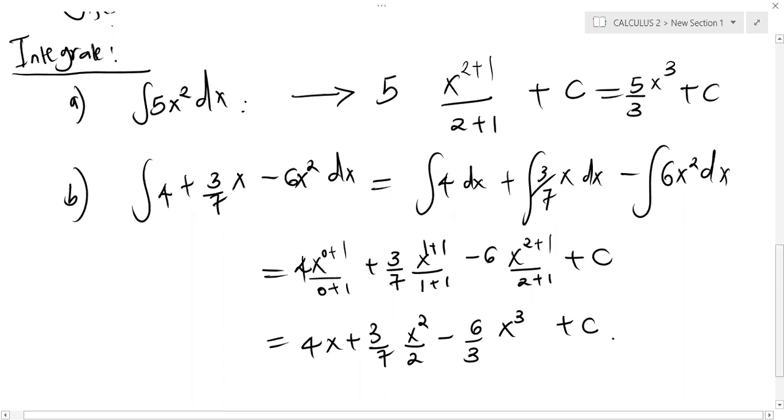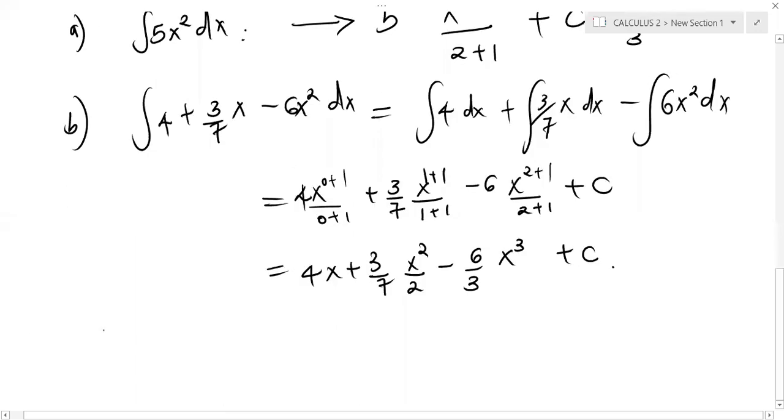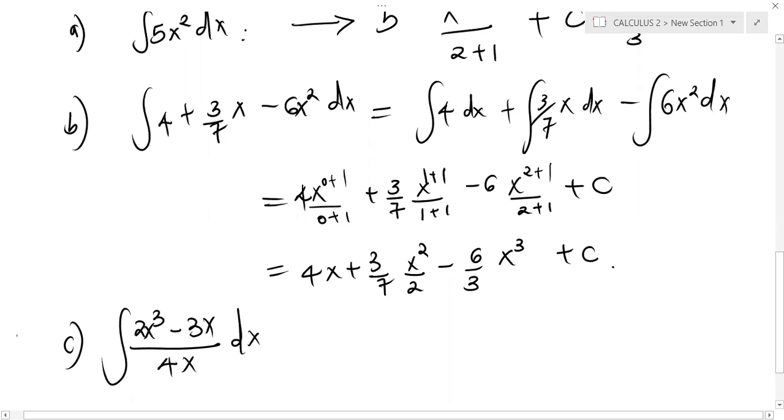Let's take up another example. Example C. So you're told to integrate (2x cubed minus 3x) all divided by 4x dx. Now we'll first of all start by simplifying this so that you can see it clearly. So this is the same as 2x cubed over 4x minus 3x over 4x dx.